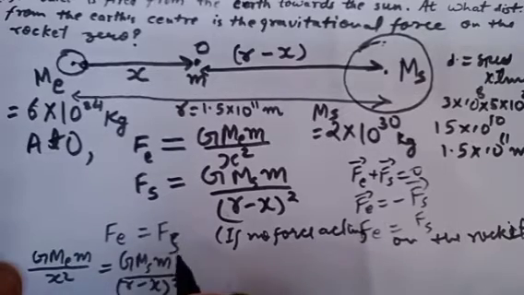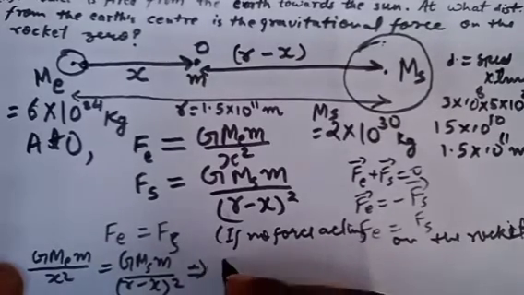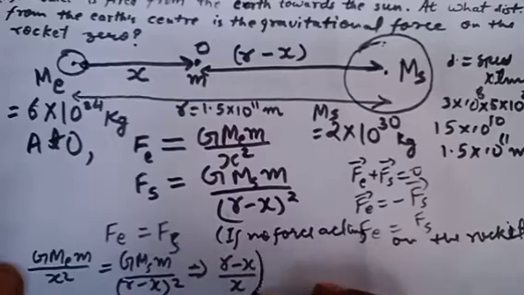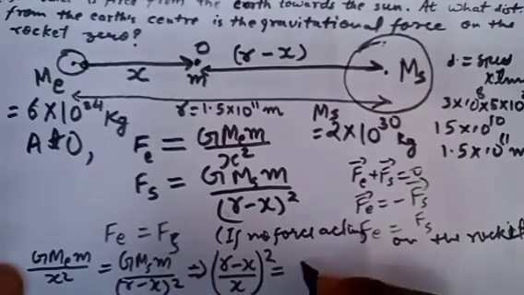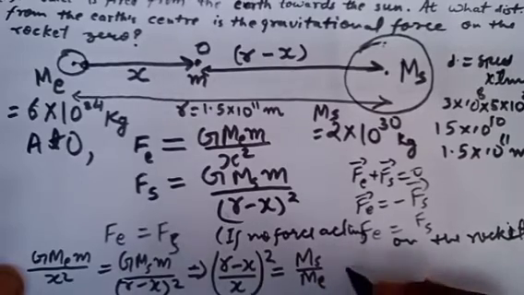G will get cancelled, m will get cancelled, and now I am rearranging it, and (r minus x) upon x square, I hope you people are getting what I am doing, is equal to Ms upon Me.